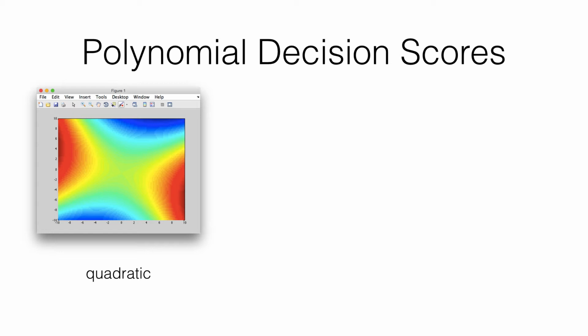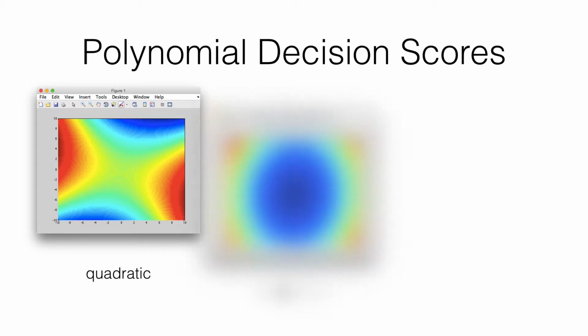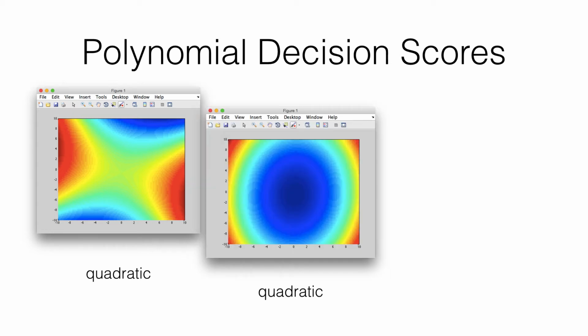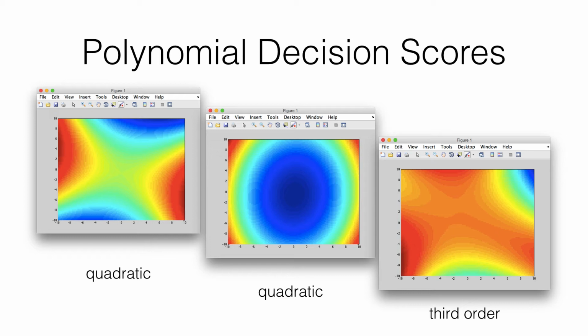You can see some interesting shapes here, and a less interesting shape that looks kind of like a Gaussian. And if we go to third order, we get even more exotic looking surfaces and curvatures that can come out of this type of feature map.